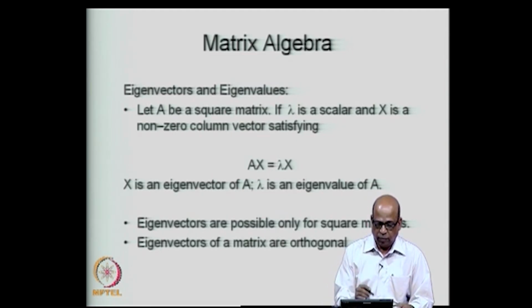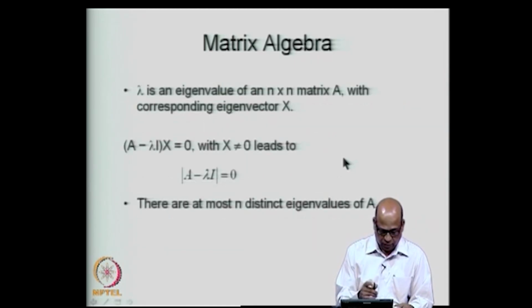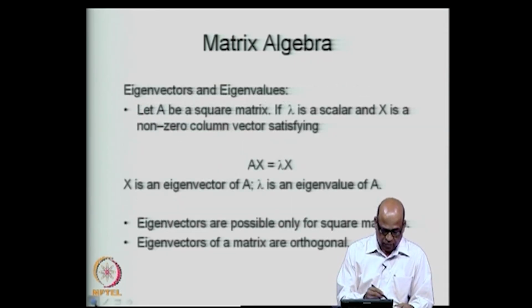So, first let us define what is an eigenvector and an eigenvalue. Let us say A is a square matrix and lambda is a scalar, and x is a non-zero column vector satisfying A x is equal to lambda into x. So, let me demonstrate that. That is, we have A as a square matrix and this is a column vector, lambda is a scalar and this is a column vector.